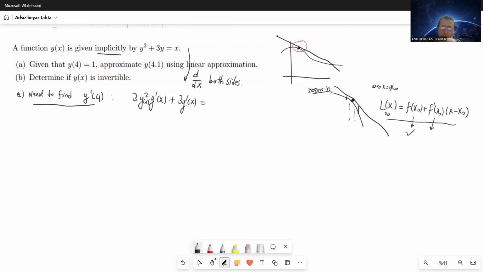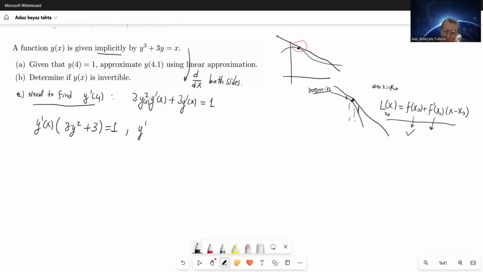So it is just 1. Let me make y prime alone. So y prime of x, in the parentheses, I have 3y squared plus 3, which is equal to 1.